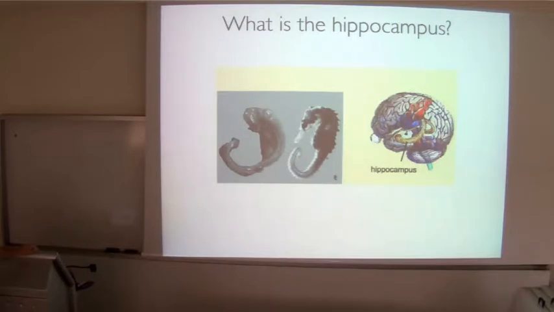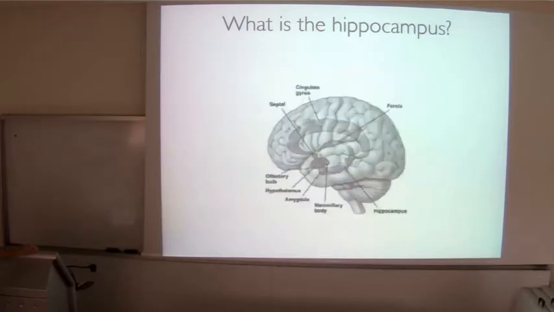The original name is actually, it doesn't look like that at all. The original hippocampus is a mythological animal, which is a fish and a horse together. But anyway, in the human, it's considered part of the limbic system that we will talk about when we talk about emotions, which also includes the amygdala and the other parts of the system.